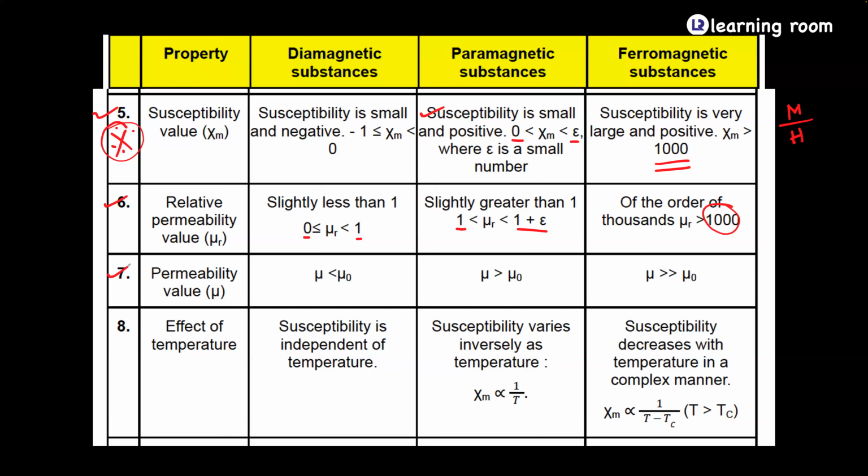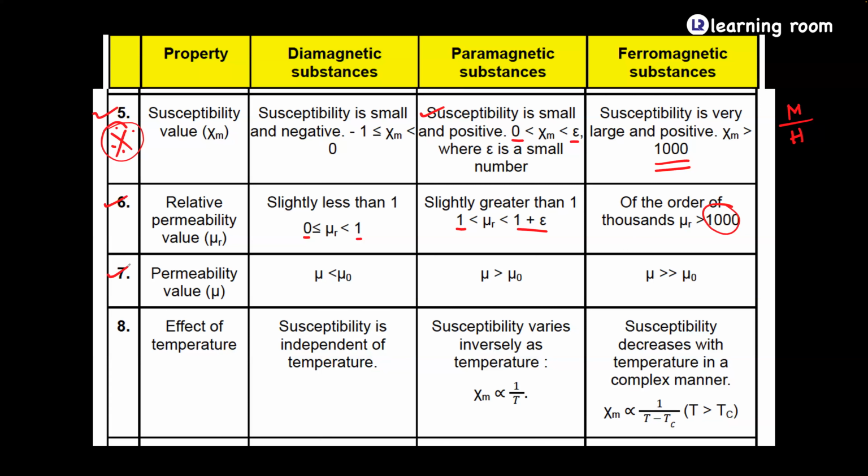What about the permeability value? So understand what is the difference between the 6th and 7th point. The 6th point is relative permeability. The 7th point is absolute permeability. When you try to compare this absolute permeability, what are you going to compare it with? You need to compare it with a known quantity. You're going to compare it with mu naught.